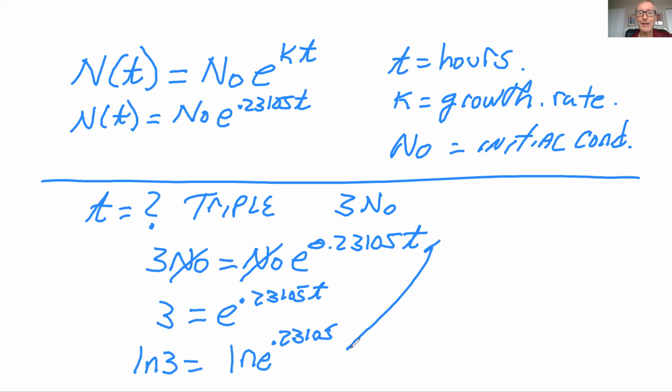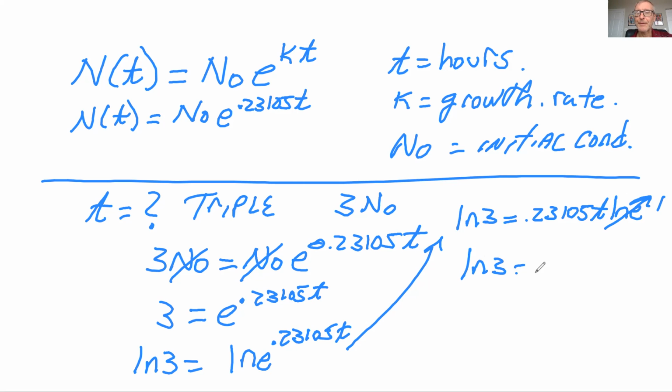And so if we go back up here, we use the power rule for logs now, and we can bring the exponent down, 0.23105 times t. Natural log of e goes to 1. And so you have natural log of 3 equals 0.23105 t.